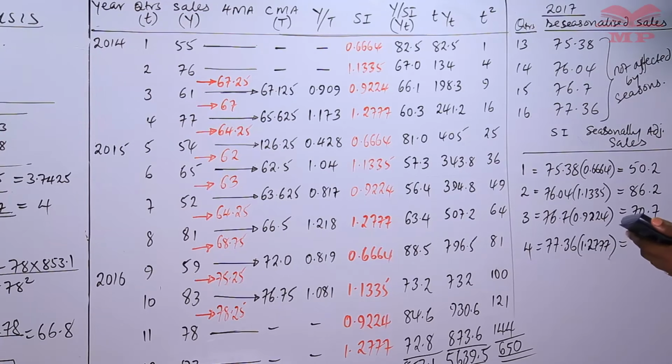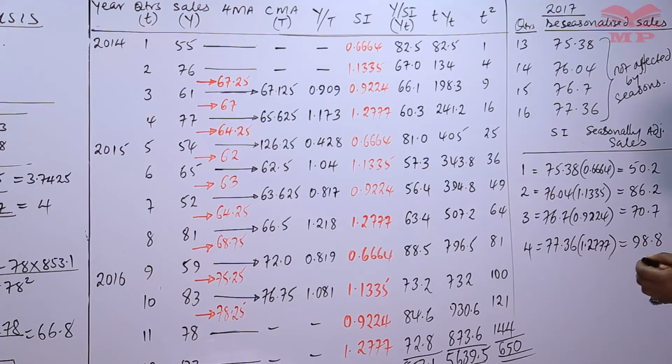And then you have 77.36 multiplied by 1.2777. This is giving me 98.8 cars. So these now are the ones that are affected by the seasons.